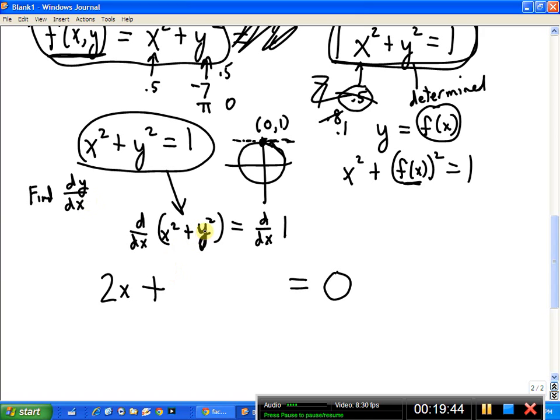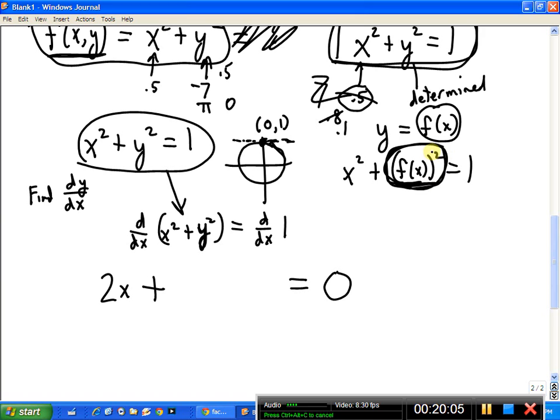So when you come to take the derivative of y squared, what are you talking about? You're not talking about the independent variable, so you can't do it by just going to y, because y is a function. So you're really looking at this. How do you take the derivative of this? And the answer is two words, the chain rule.